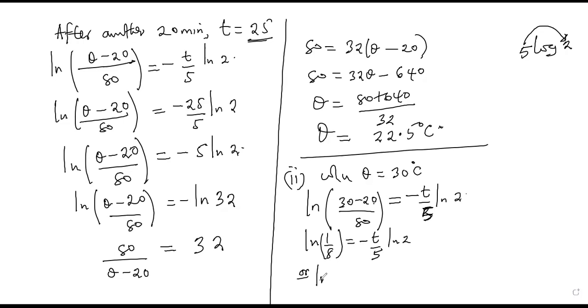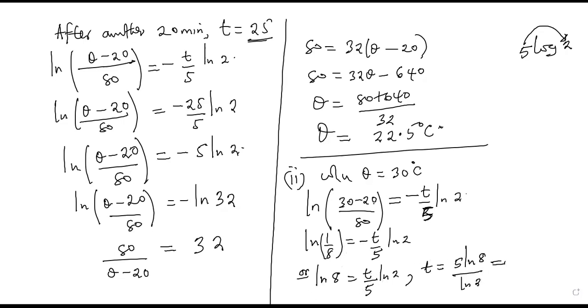So it will be ln 8 is equal to t out of 5 ln 2. All right? So I can get my t here, as simple as this. So my t will be equal to 5 ln 8 over ln 2. I've just cross multiplied and made it the subject.